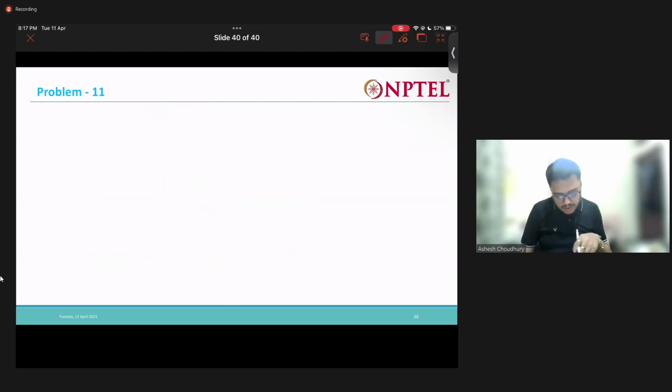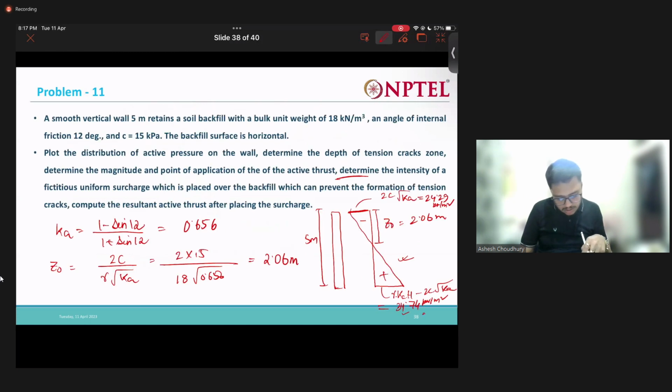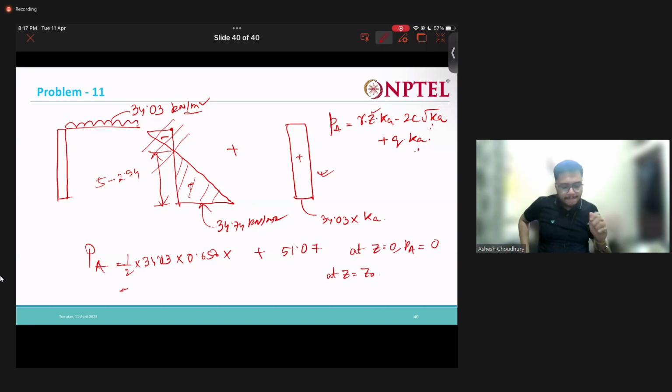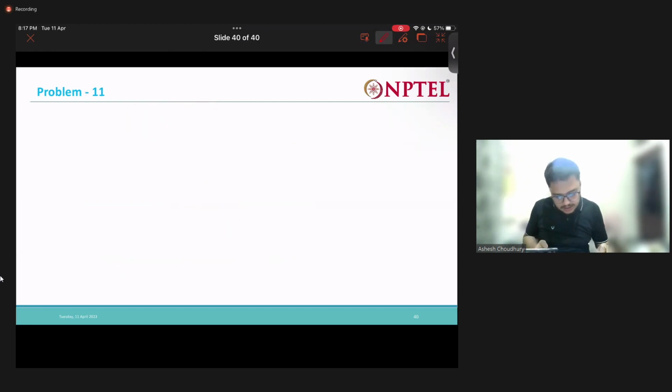So Z naught was how much? 2.06. At Z equal to Z naught, put 2.06 in place of Z. Let us see how much PA we are getting. So gamma is 18, right?